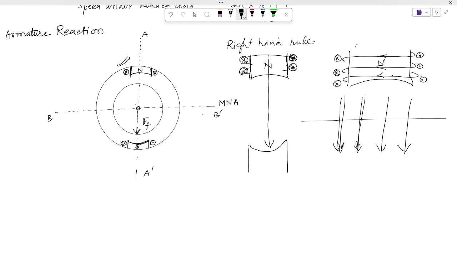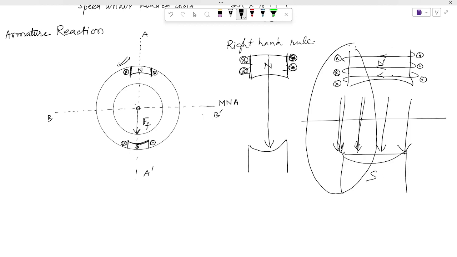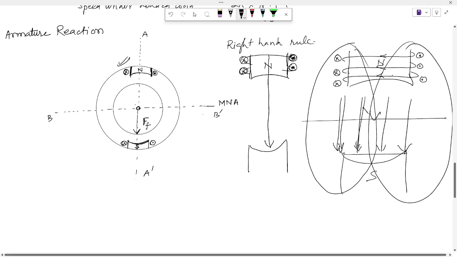Field lines will come out of this. Let me say this is the south pole. Field lines will go like this. Yes or no? Yes, sir.